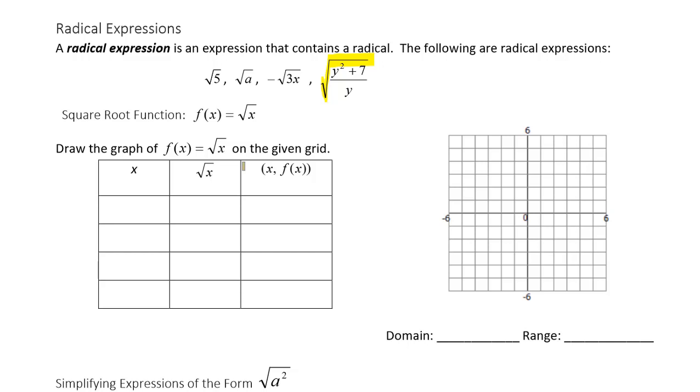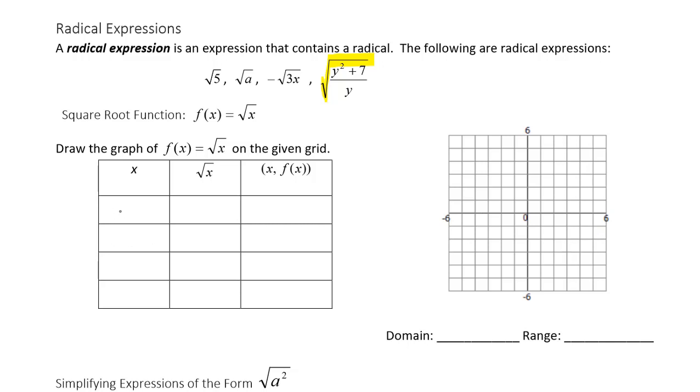You could also have a radical function, such as f of x equals the square root of x, and then you could graph it. So let's fill in this table of values and then graph the radical function on the right with a Cartesian plane.